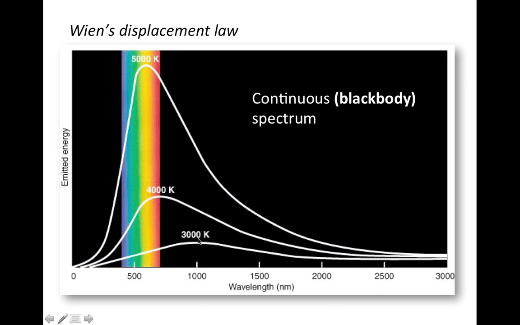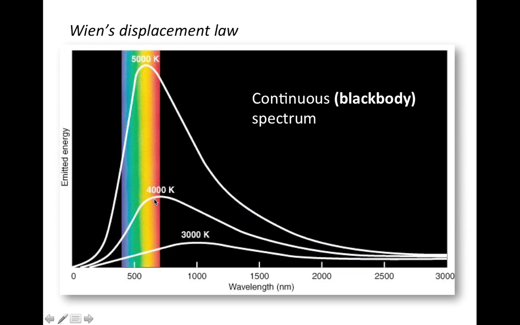So an object heated to 3000 Kelvin, which is pretty hot, will give out a peak somewhere in the infrared. Most of its radiation is given off as heat, thermal radiation, but there is an appreciable amount given off in the light, more red than blue, so it actually glows red.